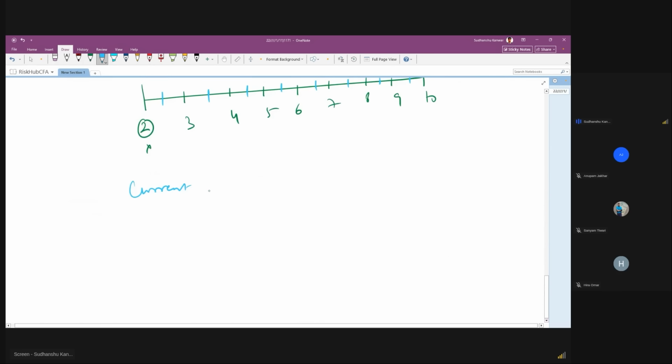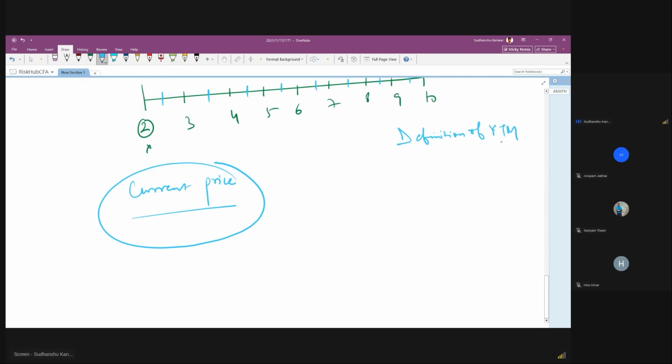I told you in the definition of YTM, and I'll write it down here also. The definition of YTM was: YTM is that magical, hypothetical yield.